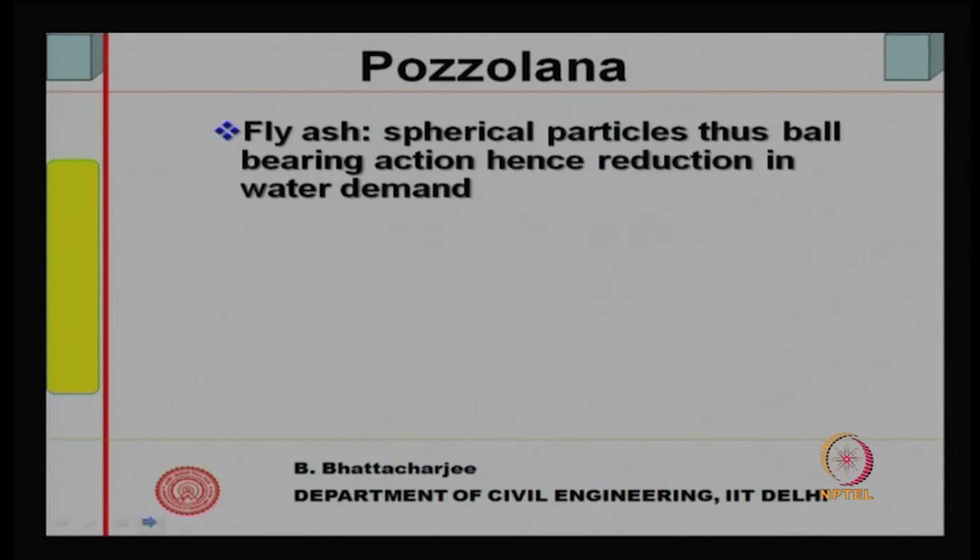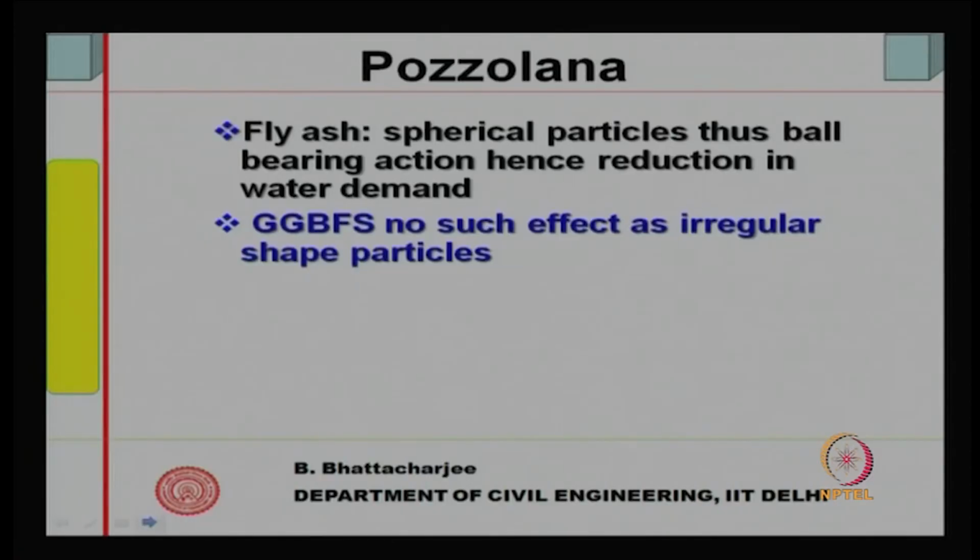Now, to sum it up overall: fly ash has spherical particles, thus a ball bearing action, hence generally a reduction in water demand. PPC or slag cement will have somewhat different performance in these terms, but fly ash, when you add it to the concrete directly as a mineral admixture, behaves like this.